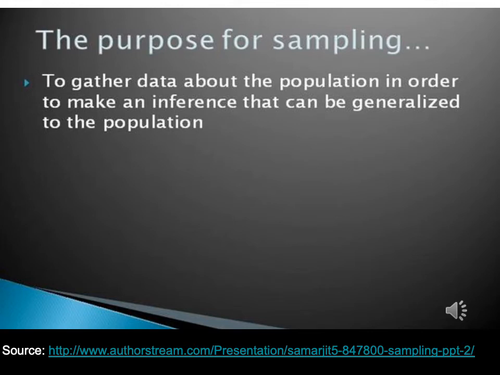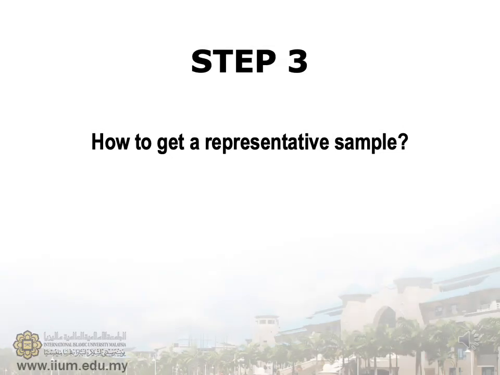There is a plethora of inferential analysis that allows the use of a sample in the estimation of the parameter, the true values in the population. A great sampling technique should enable the selection of individuals in such a way that the sample truly represents the characteristics of the population. Now we are going to see how to get a representative sample.